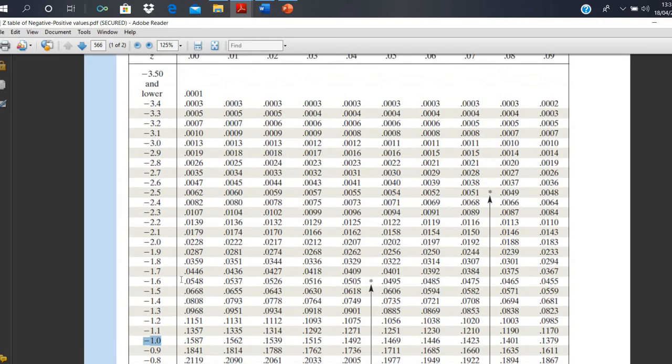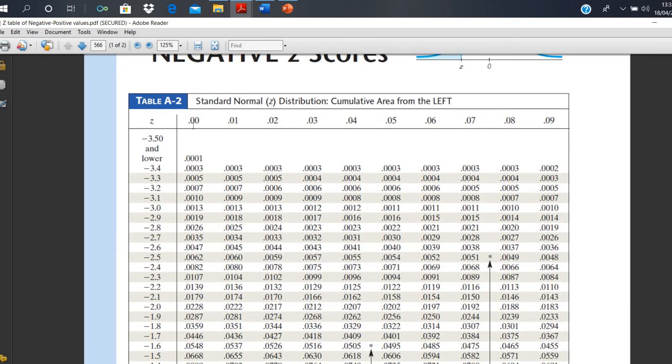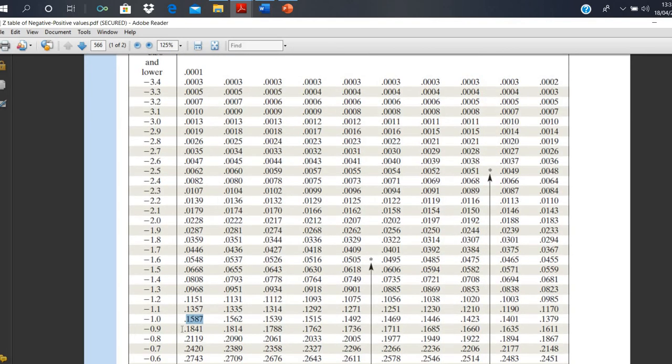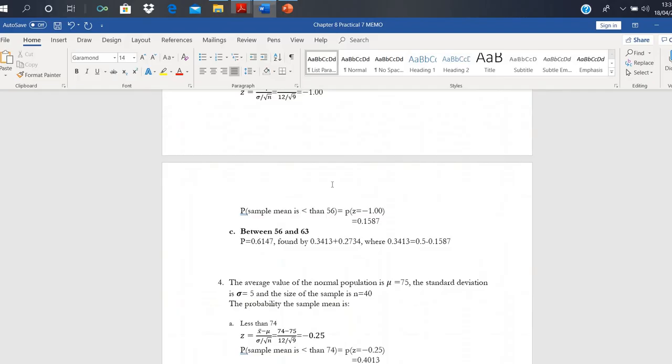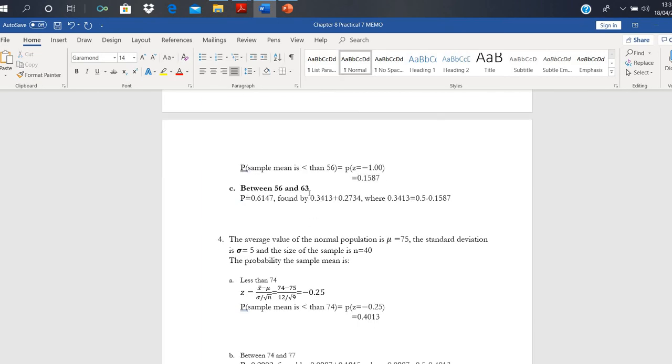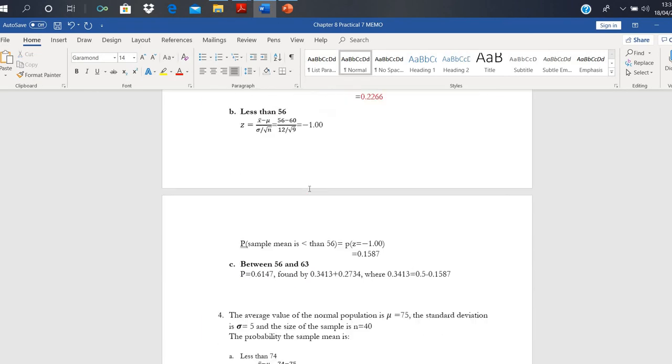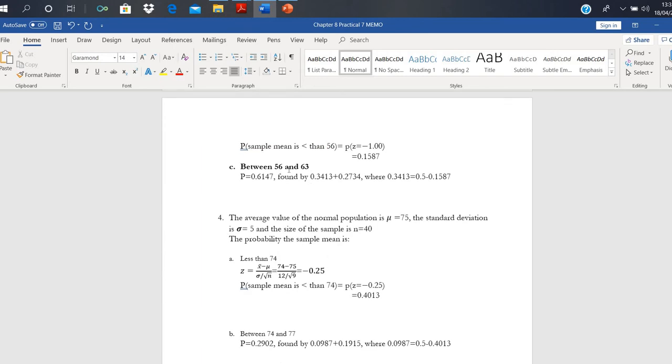And the probability associated to a Z value of minus 1.0 is here, you see, because if you take minus 1.0 plus 0.00, you will still have minus 1.00. So it's 0.1587. That is what you have here, that the probability is 0.1587. Simple.